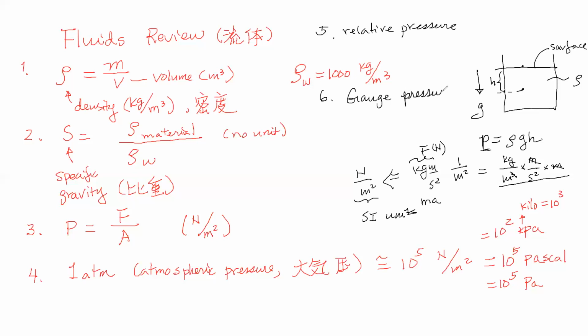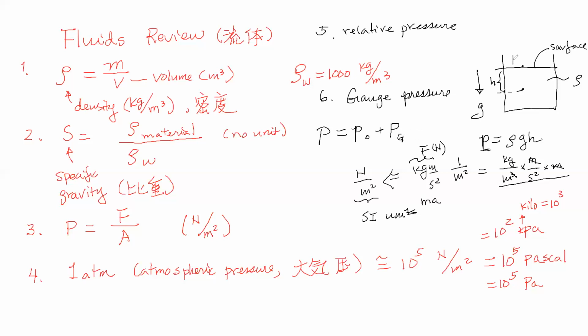So gauge pressure, in this case here, it's similar. So P is the absolute pressure, which is equal to P0, which is atmospheric pressure, plus the gauge pressure. So we're going to call it G, gauge pressure.